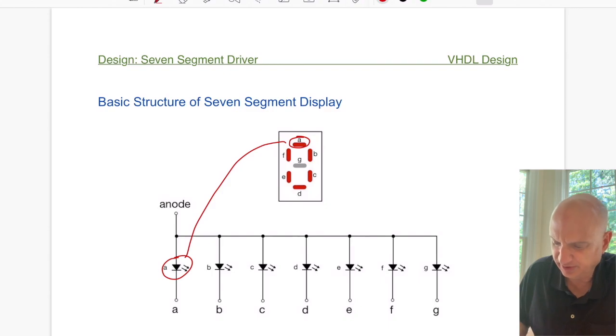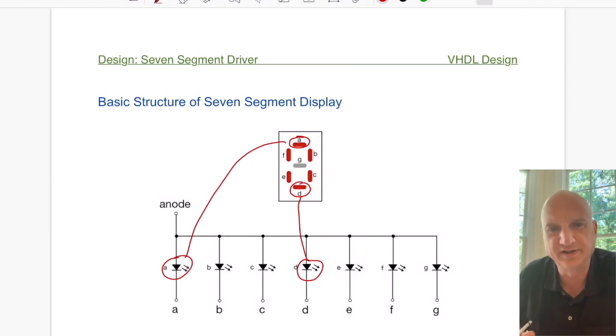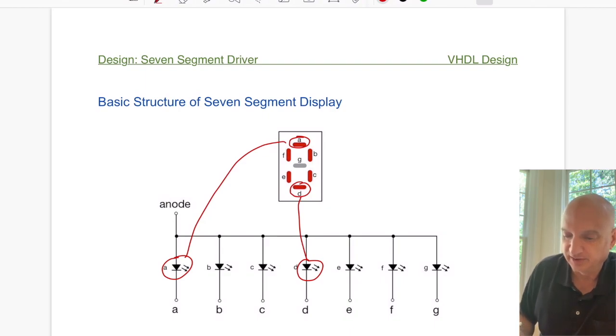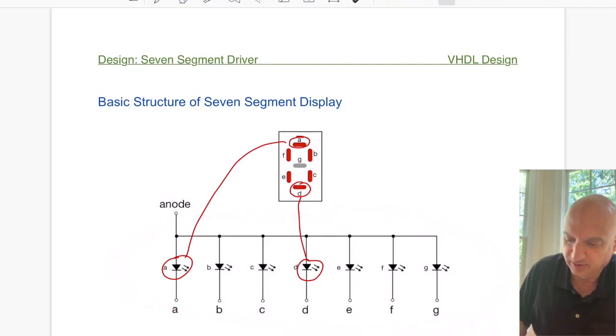So this one here, which would be D, would represent this LED here. So you get the idea that every one on our display is actually wired the way it is down here. So this is wired down here in order to provide those LEDs the proper location. So they're placed in the right location, and they're wired up the way we see down here at the bottom.